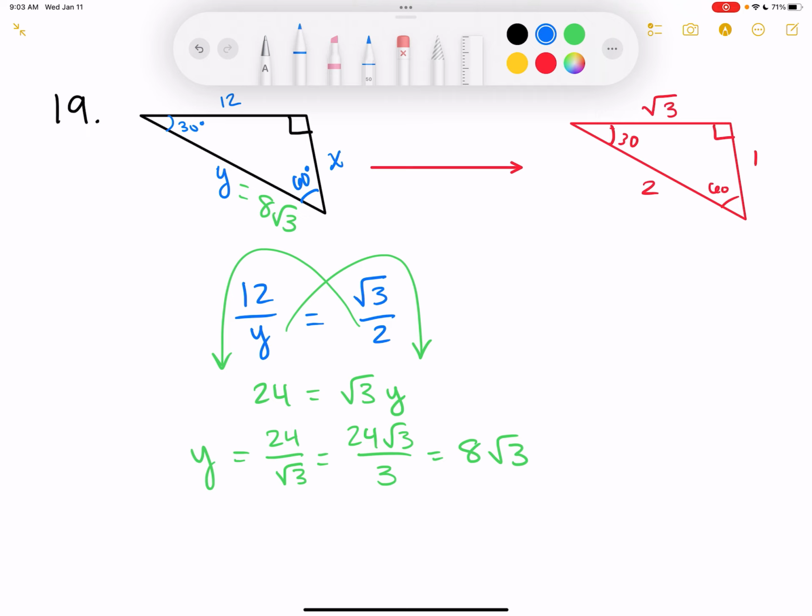So x over 8 square root of 3 is equal to 1 over 2. So I have 2x is equal to 8 square root of 3. Divide by 2, so x is equal to, well, 8 divided by 2 is 4, so 4 square root of 3.